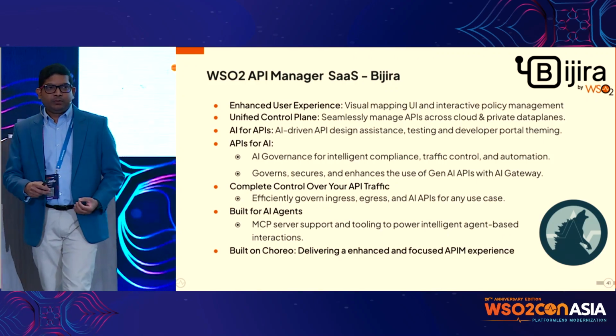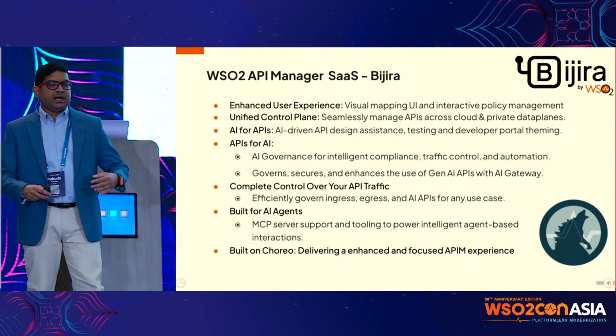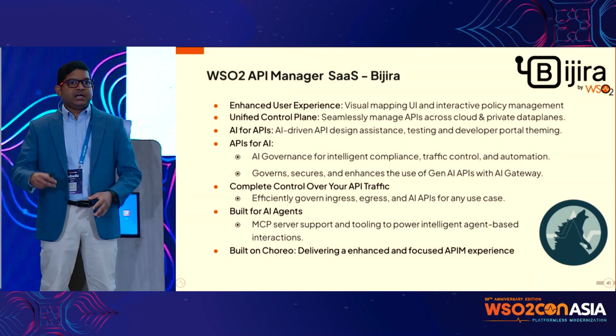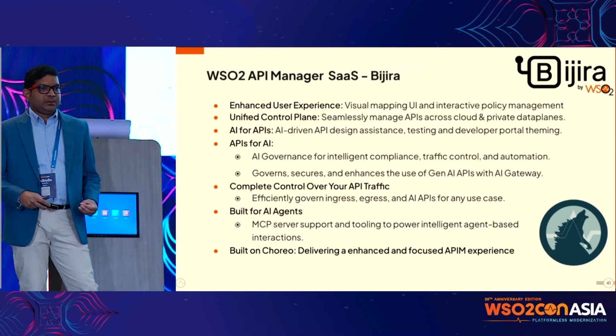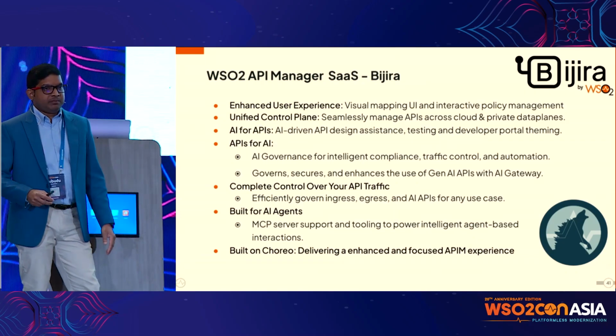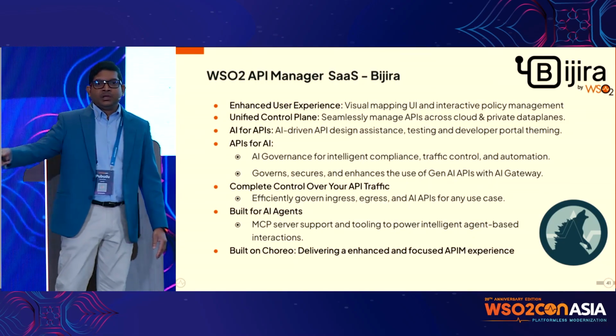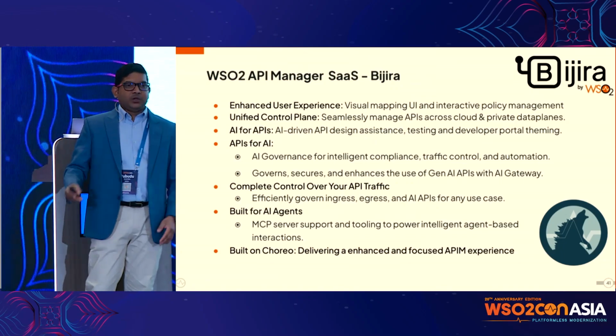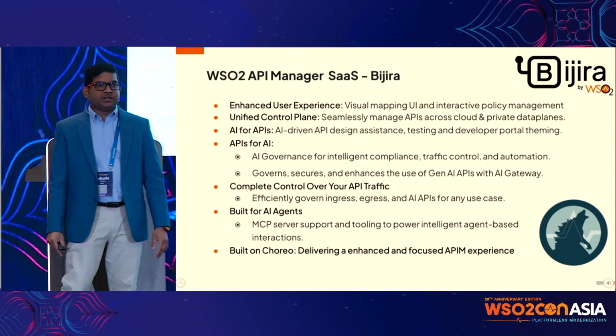This control plane, right now, can manage the cloud data plane, as well as the private data planes, where the private data plane can run in your Azure account or AWS account, where you have your Kubernetes infrastructure.